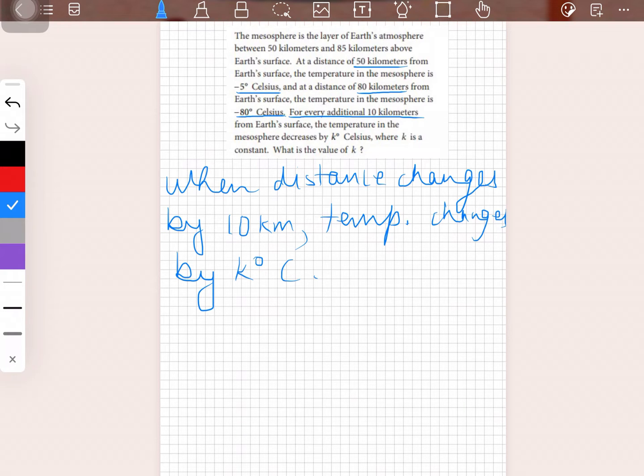So this is something you have to understand. Whenever the distance changes by 10 kilometers, the temperature changes by k degrees Celsius.